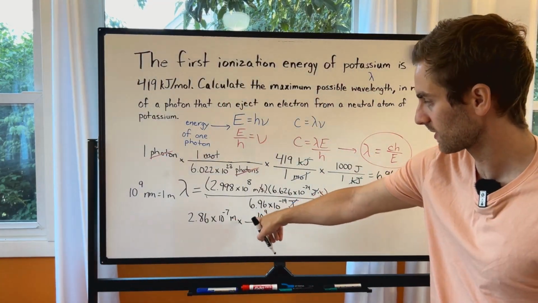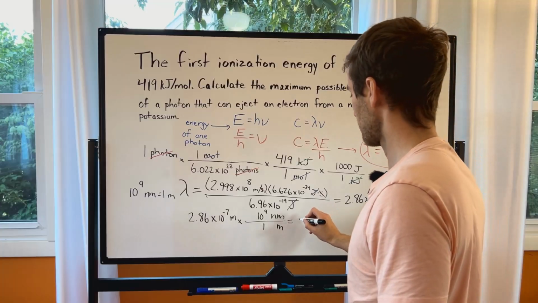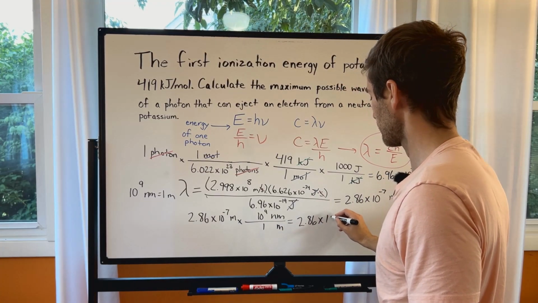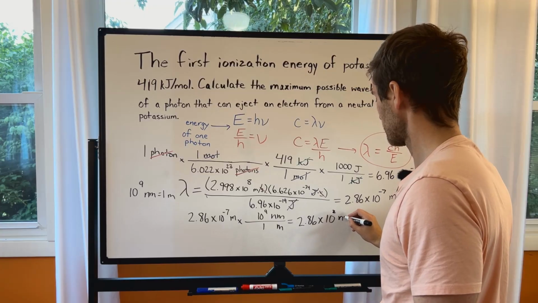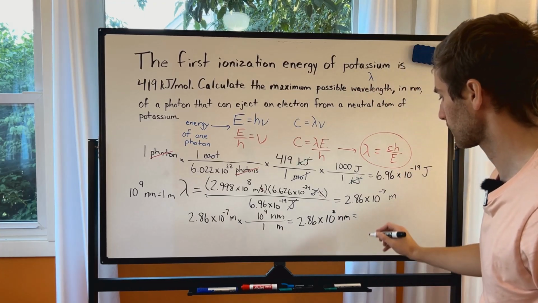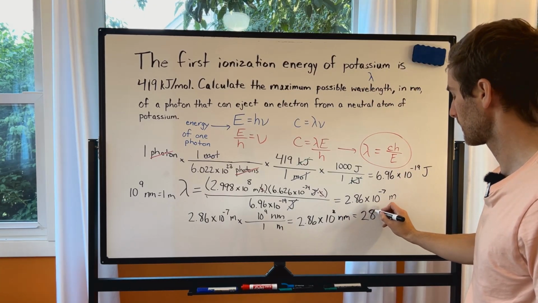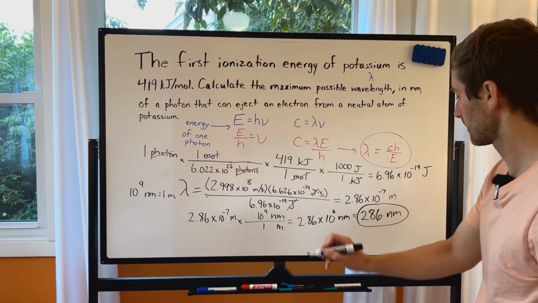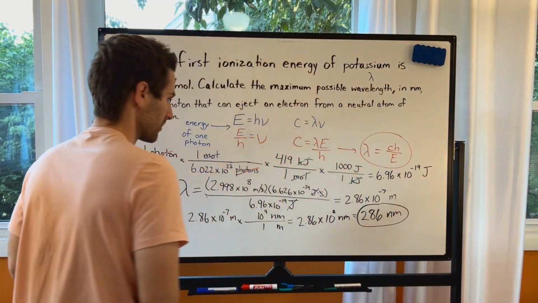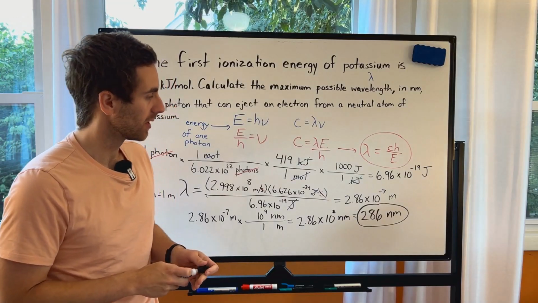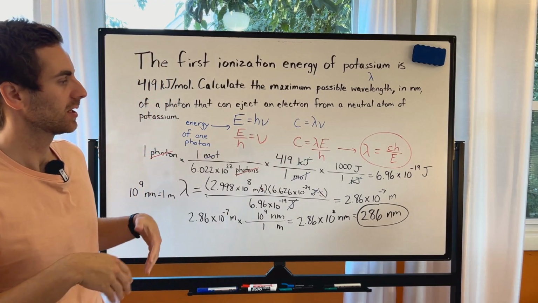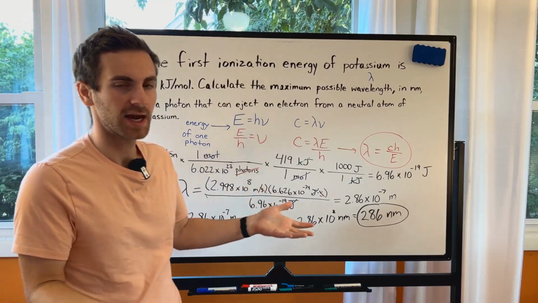And so 10 to the negative 7th times 10 to the 9th is going to be 10 to the positive 2nd. You add the exponents. Or if we write that as a regular number, 286 nanometers.